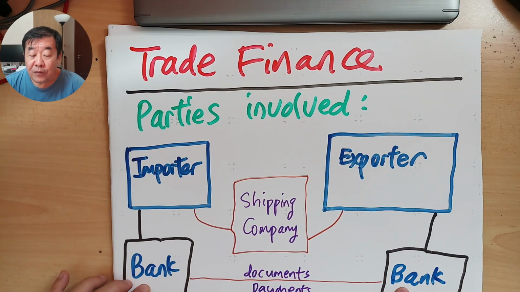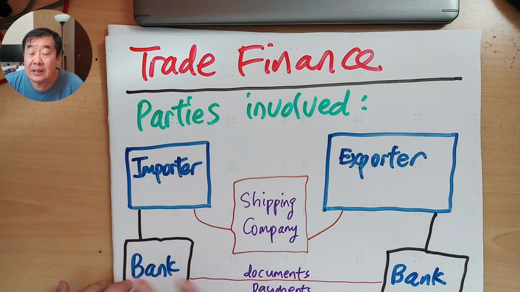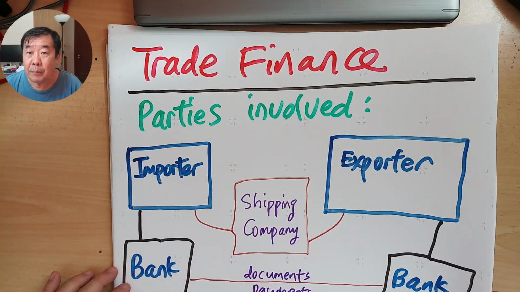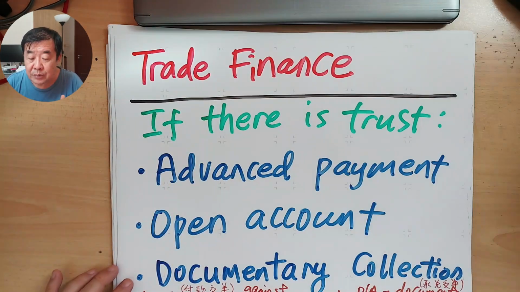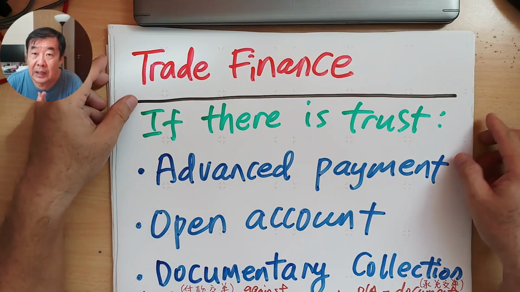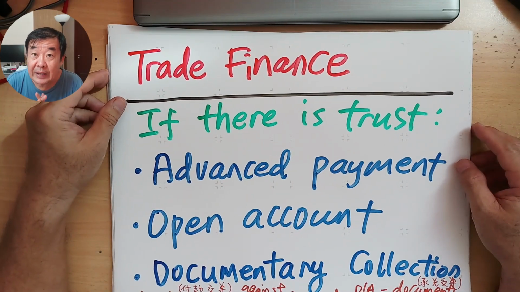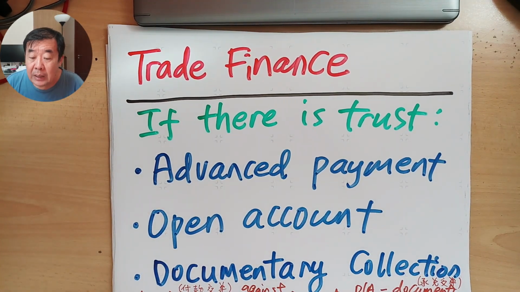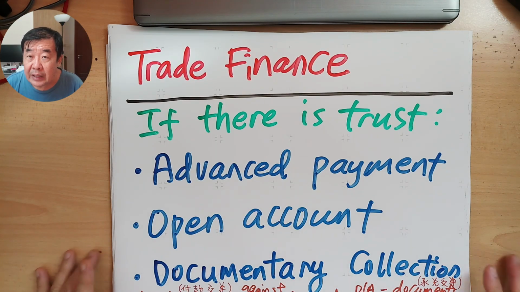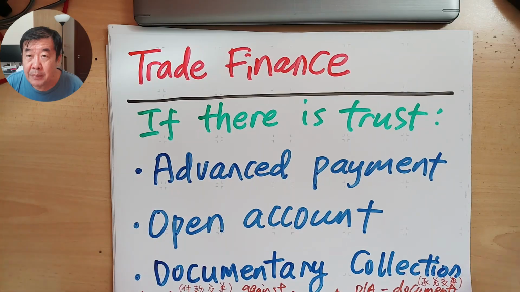Now, of course, if there is trust, then the use of trade financing will be lower, because if there's trust between the importer and the exporter, then the usage of trade financing will drop. So for example, sometimes with rare earth, a very precious product, the exporter will say, hey, I don't need all this trade financing, you must give me advance payment.